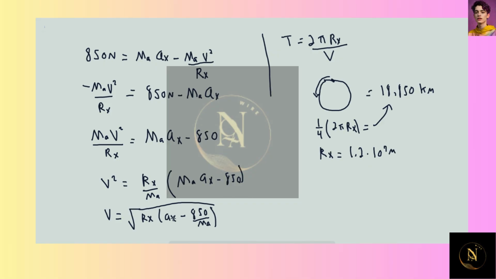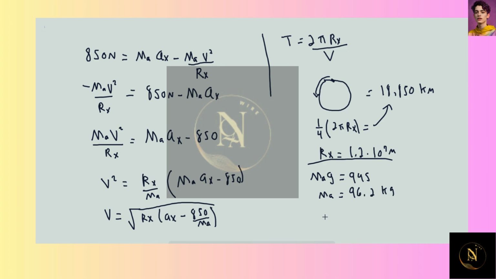So now we just need a_x and m_a, the mass of the astronaut. Let's get a_x next. The order here doesn't really matter. They tell us that on Earth, the astronaut weighs 945 newtons. So m_a g equals 945. Using g as 9.8, we can get that the mass of the astronaut is 96.2 kilograms.